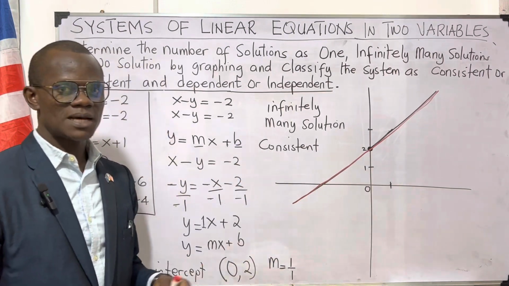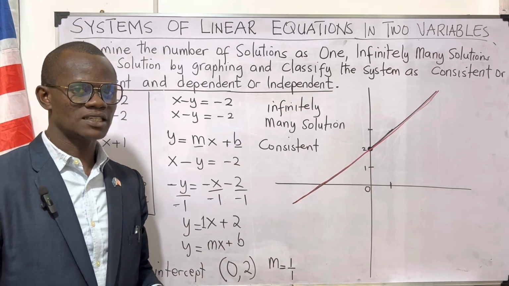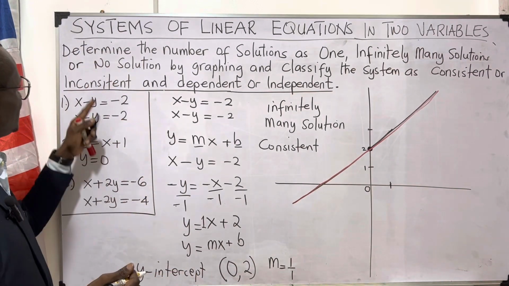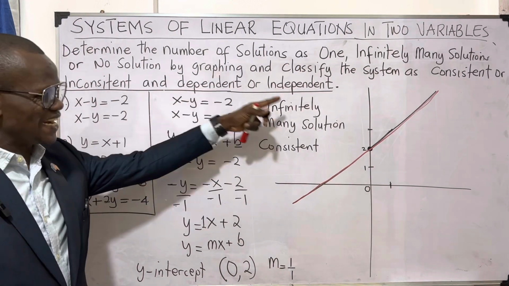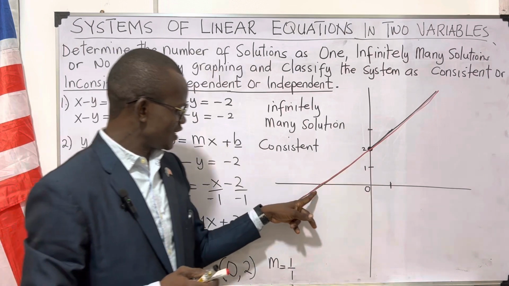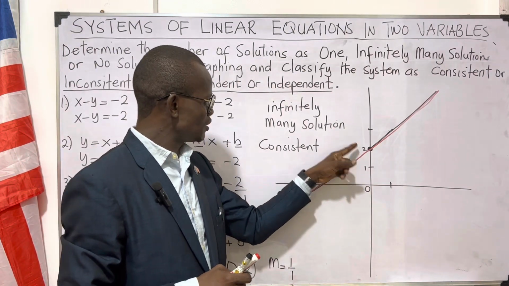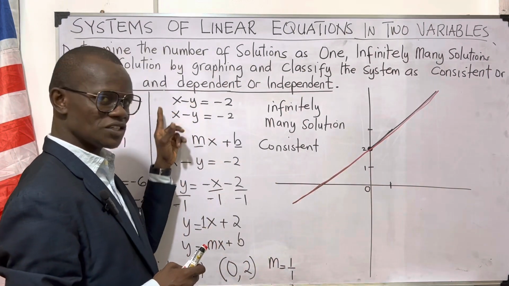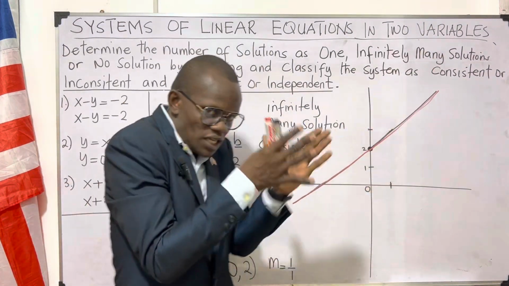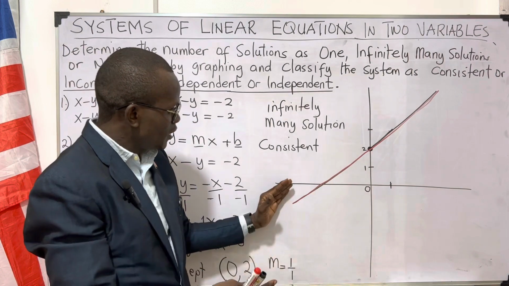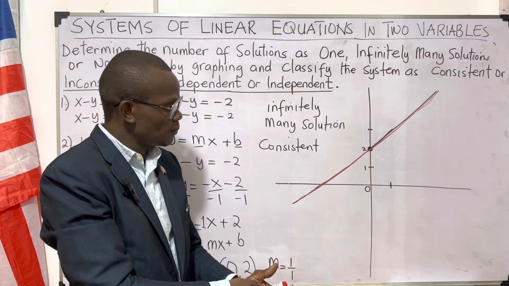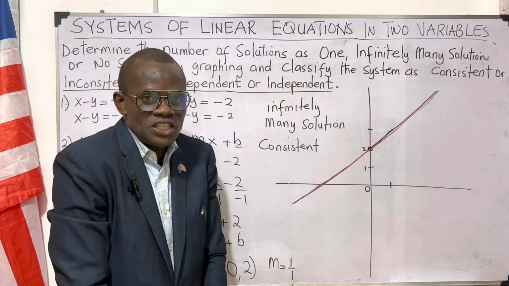The only time it becomes inconsistent is when it has no solution. Now, is it independent or dependent? You see that the graphs of both equations are within each other. They are coinciding with each other, right? So it means they depend on each other.